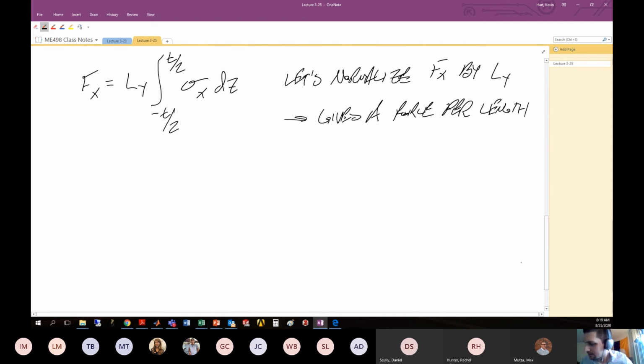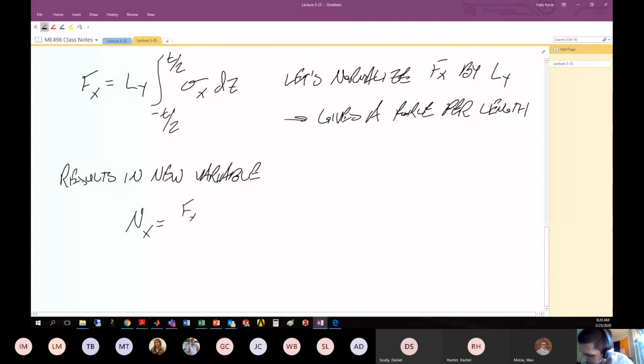What results is a new variable, which we define as Nx, which is the force x normalized by the distance in y, Ly, which here is simply the integral from negative T on 2 to T on 2 of sigma x dz.